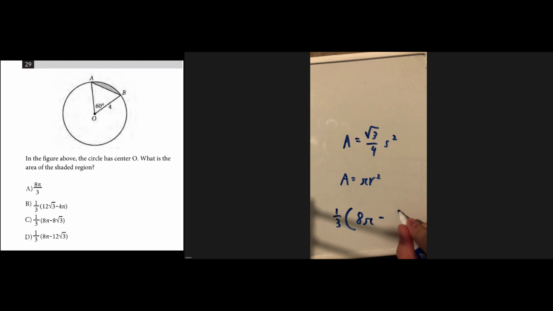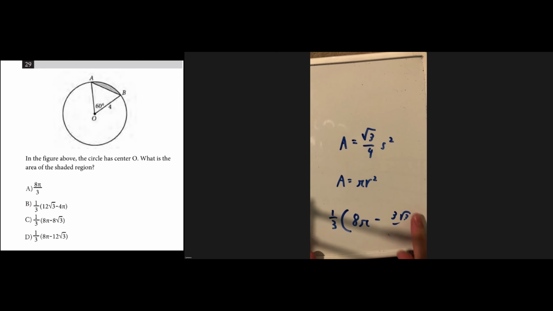So this would be 3 times √3/4 times the side, which is 4 squared, which simplifies into 12√3. And that's how you figure out the answer, which is answer choice D.